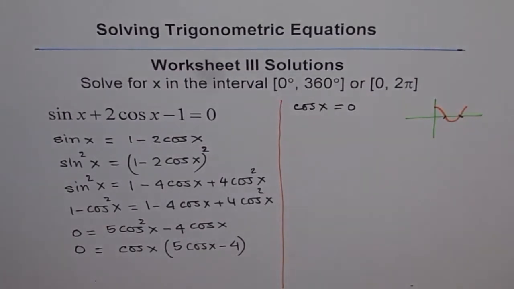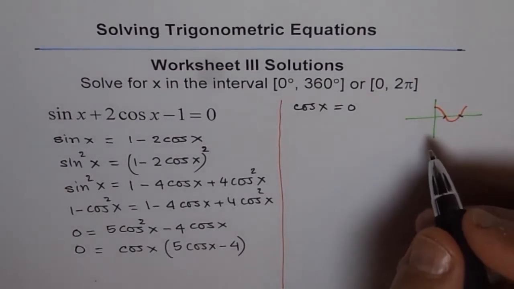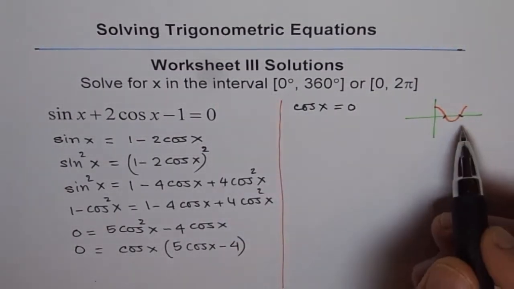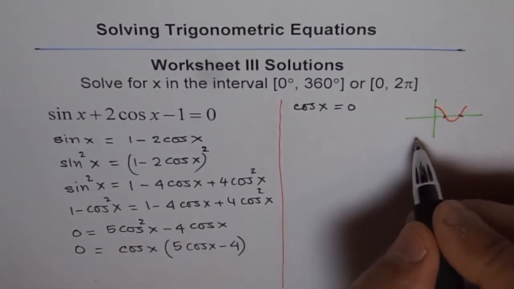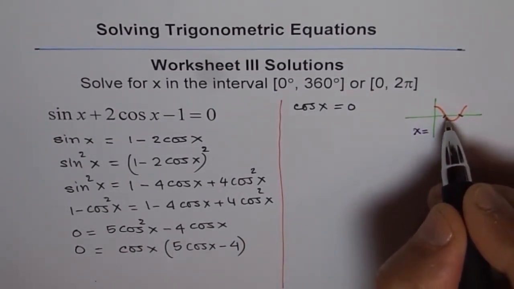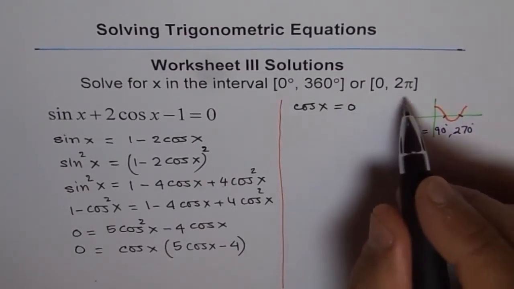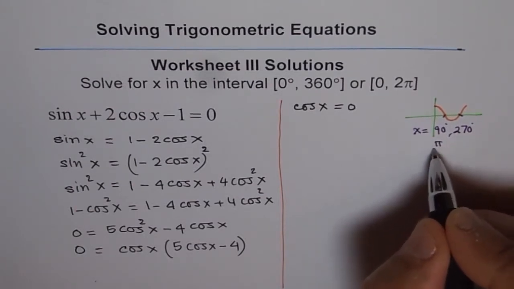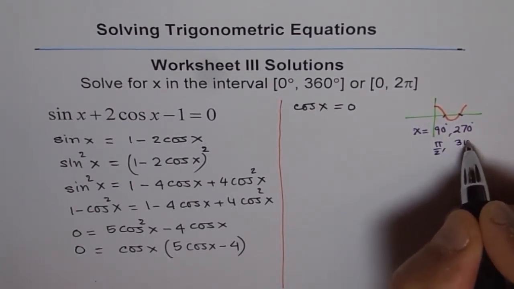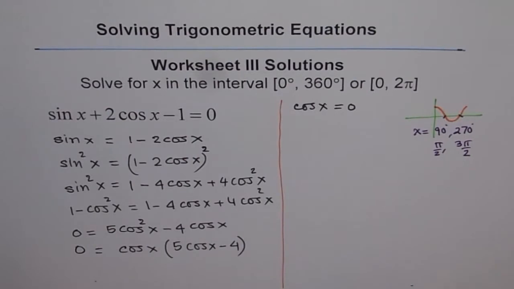So those are the solutions, correct? The solutions for us in the domain of 0 to 360 or 2 pi is x equals 90 degrees or 270 degrees, right? And those of you working in radians will write pi by 2 or 3 pi by 2, right? So that is the solution for cos x equals 0.